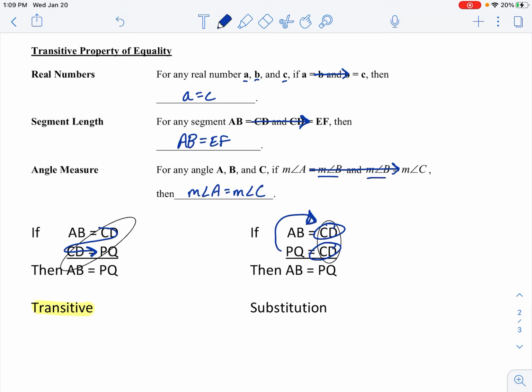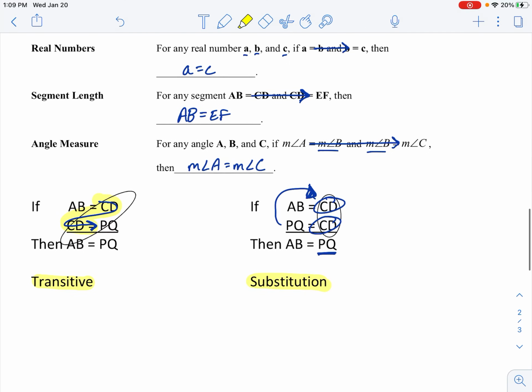I'm going to substitute it in its place here, which is why I get PQ. These are very, very similar. A lot of times I'm very forgiving on transitive and substitution, but try to remember that transitive is going through this middleman. It's a little bit of math grammar, if you will.